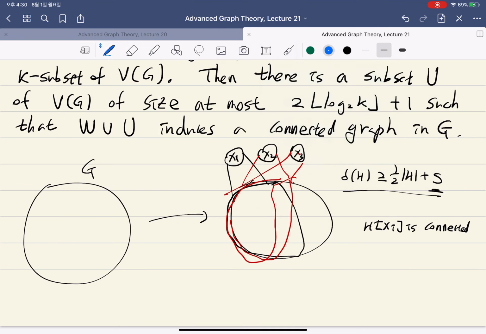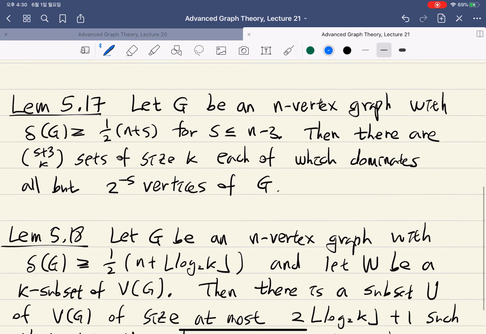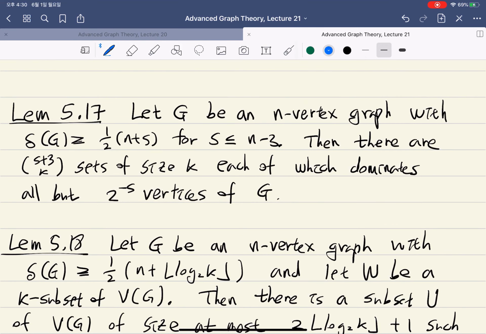When we choose x4, we can choose it to intersect with the common neighborhood of x1, x2, x3, so that x4 has a neighbor in the sets before. For that we prove these two lemmas.